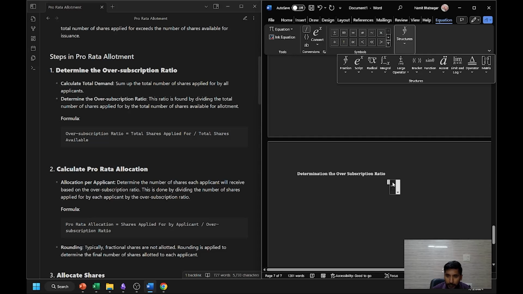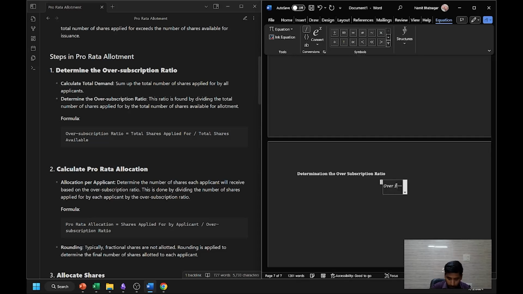Oversubscription ratio equals total shares applied for divided by total shares available.